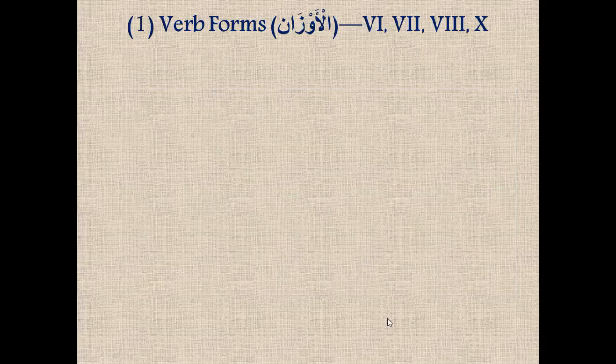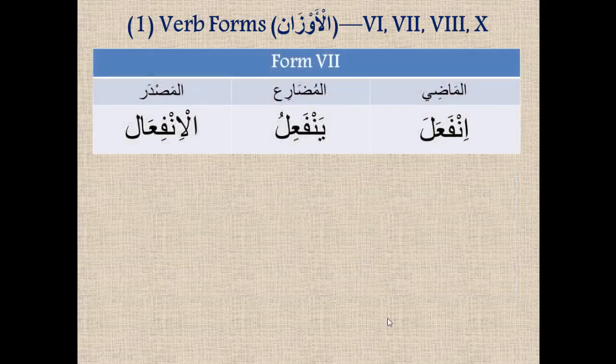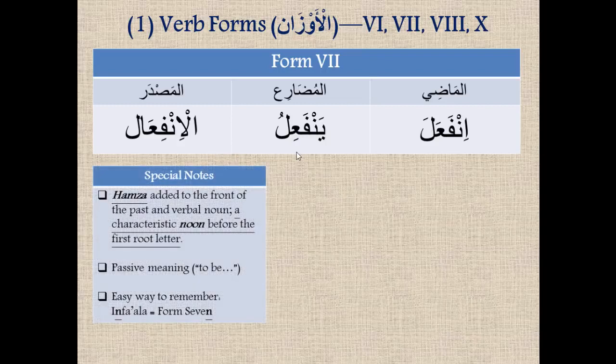Let's move on now to Form 7. The Form 7 pattern: انفعل ينفعل الانفعال. The unique characteristic of Form 7 is that number one, we've added a hamza to the front of the past and the verbal noun.